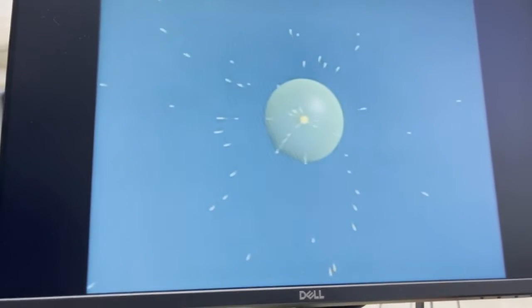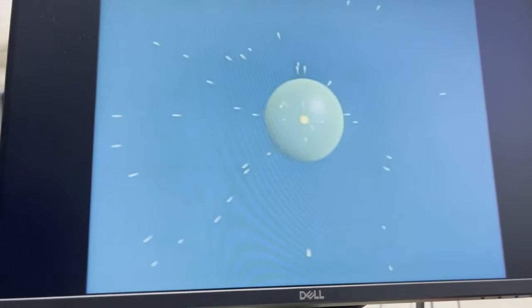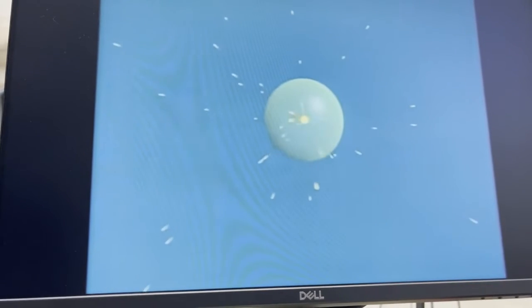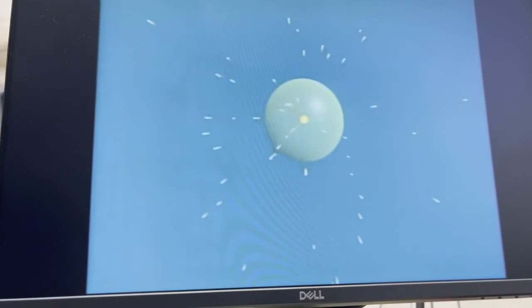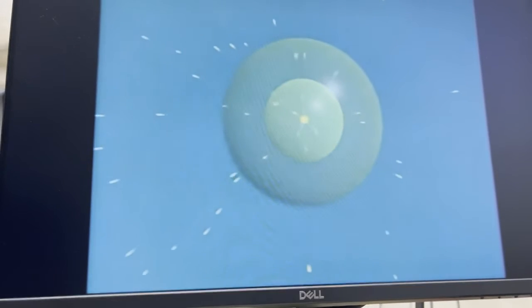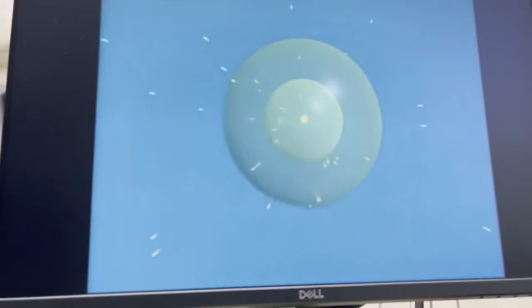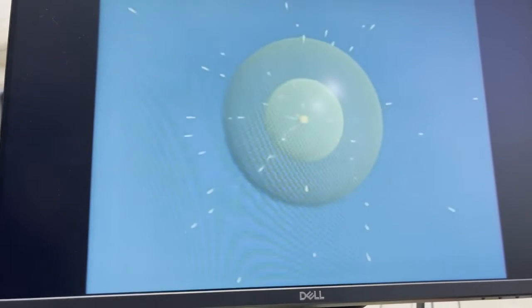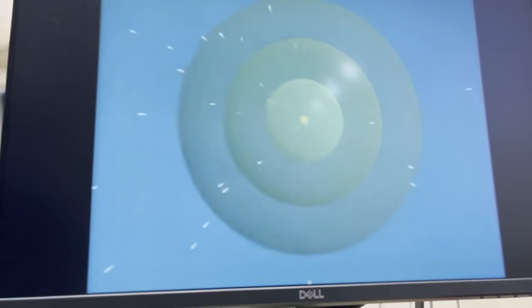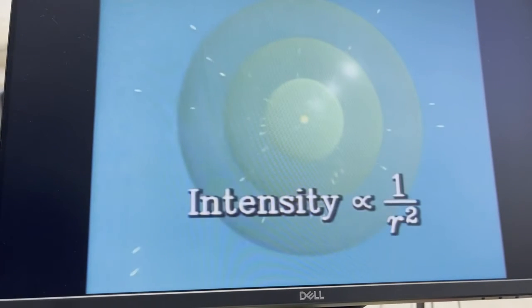But imagine a sphere enclosing the sun. All the light would pass through the sphere, no matter what its distance from the sun. And the area of a sphere grows as the square of its radius. So the amount of light energy per unit area decreases as the square of the distance.